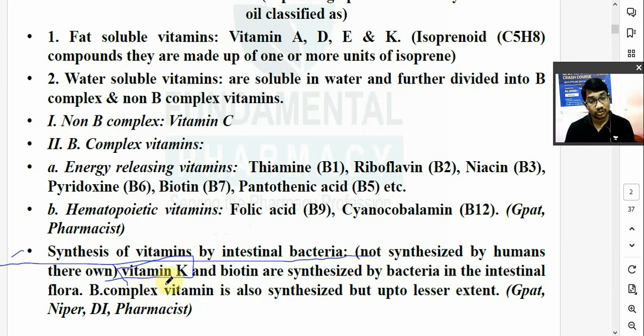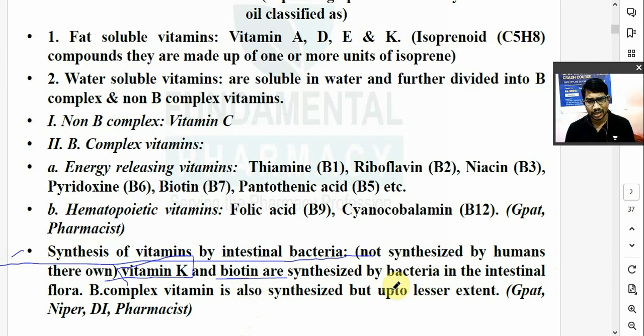Vitamin K, that is the lipid soluble vitamin, and other vitamins like B complex vitamins such as biotin. Remember, most vitamins are not synthesized by humans on their own, but vitamin K, biotin and some B complex vitamins are synthesized by bacteria in the intestinal flora.